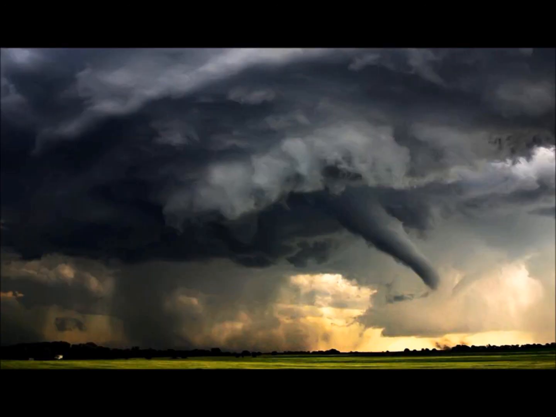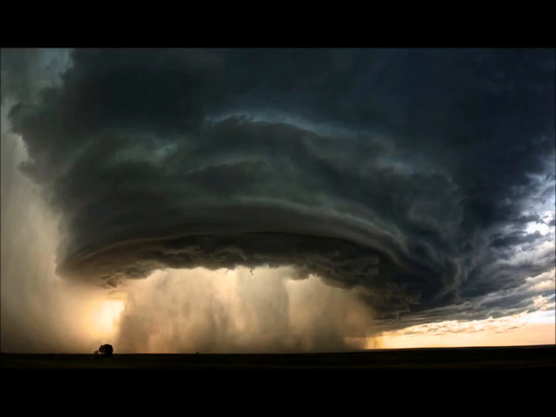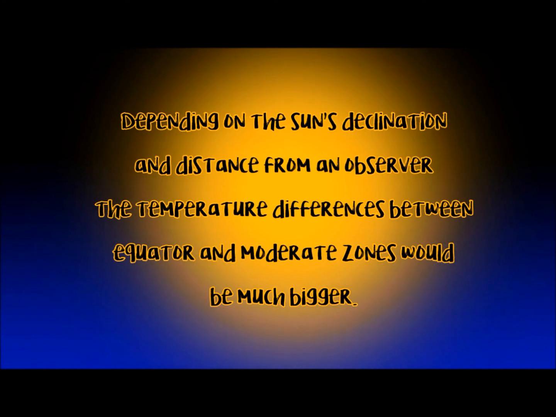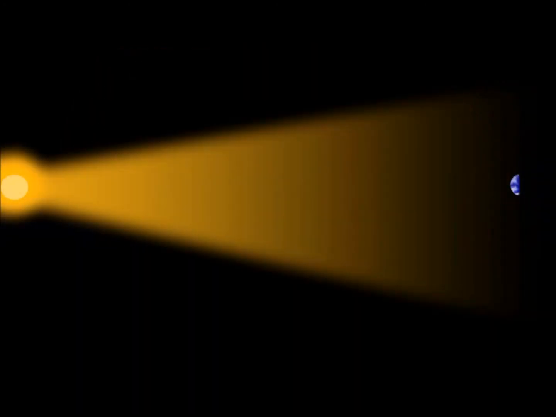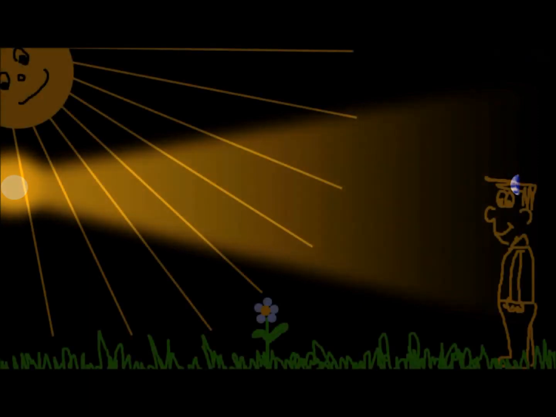The temperature differences between equator and moderate zones would be much bigger. Do we observe any of this? I don't. But when we assume that the sun is far away and heats up our planet more as a whole, those problems disappear.